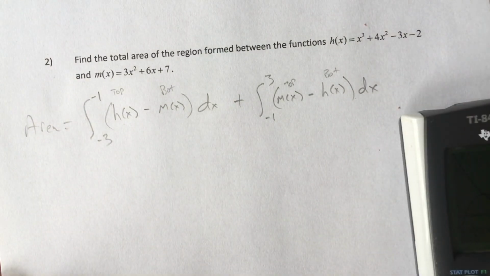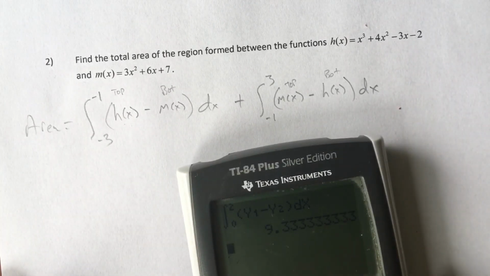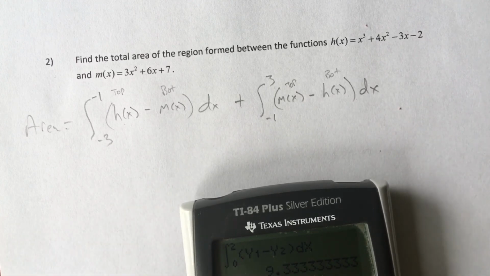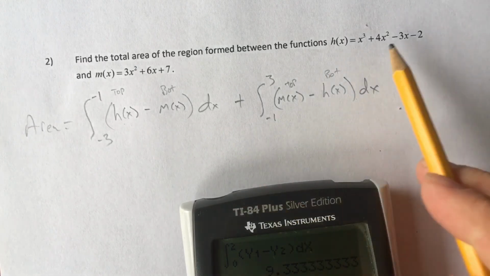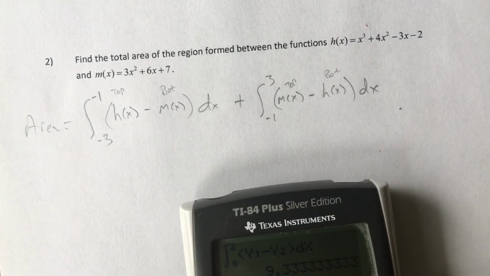So when we go to find the area here, I'm going to grab this one, and this is going from -3 to -1. Again, I want the cubic function to be first. If I look in here, this has y3 as the cubic. So I'm going to go alpha trace y3 minus, and y4 is my quadratic.